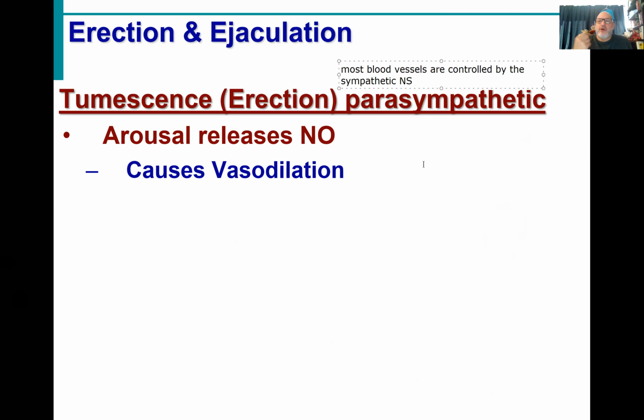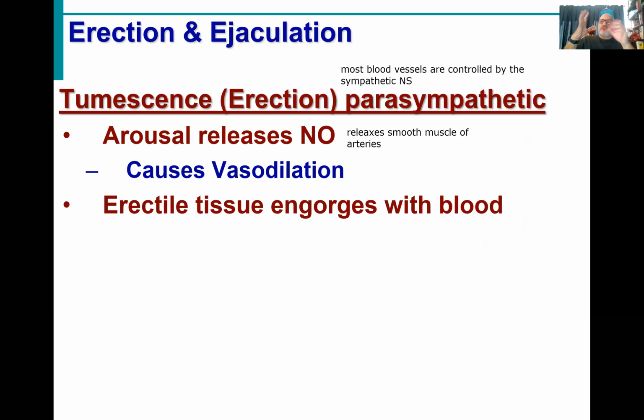So here in the erectile tissue, our parasympathetic nervous system causes the release of nitric oxide. And as we know, nitric oxide causes the smooth muscle of our blood vessels to relax. The arteries relax, and it causes that vasodilation.